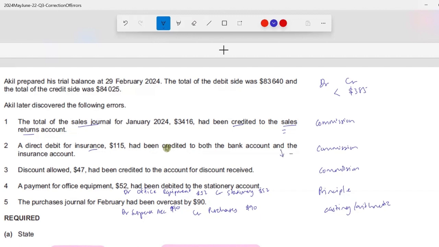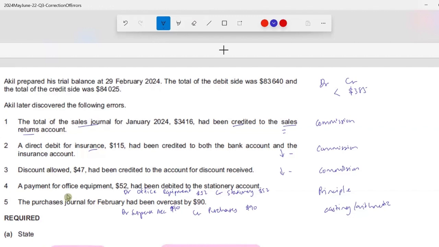Discount allowed is an expense, right? But the error to credit it as discounts received makes it a revenue. It will cause an increase in profit by this error. So after the correction is done, the so-called incorrect revenue is removed and the expense is recognized. Therefore, it will reduce profit.